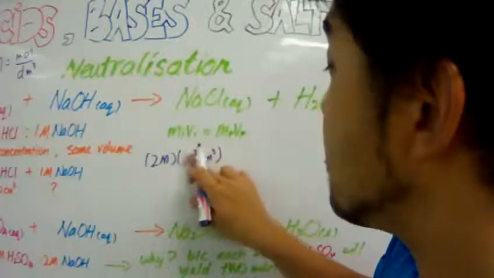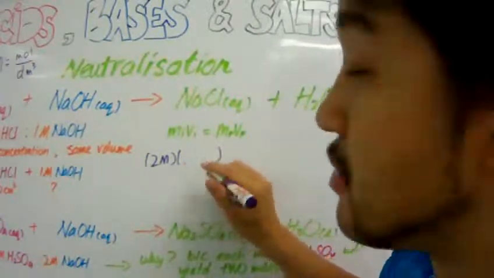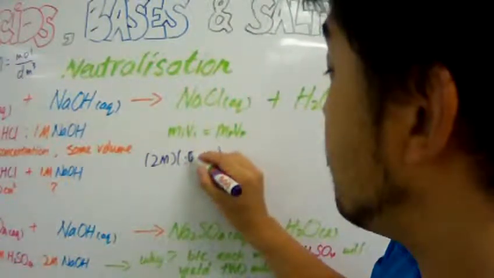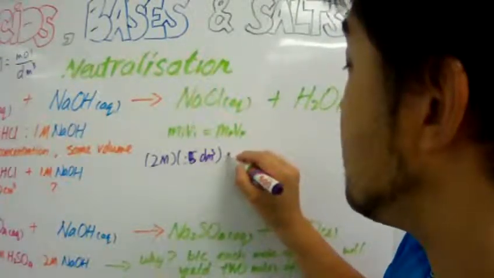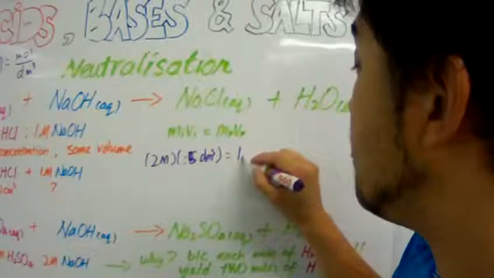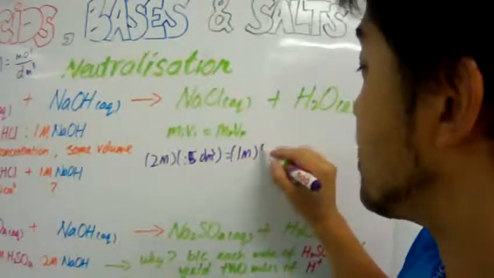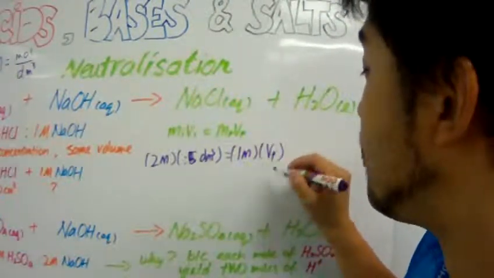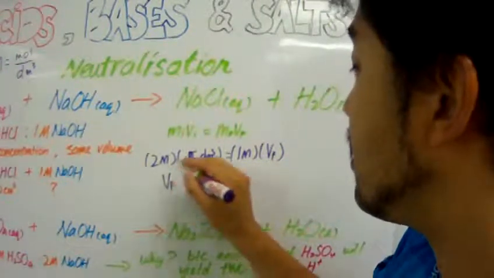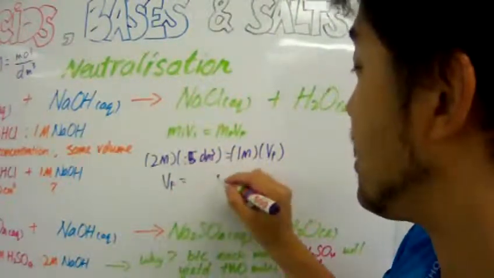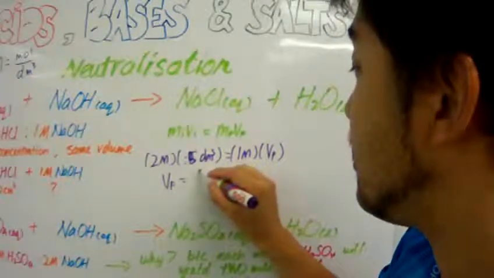You should convert this to decimeters. So 0.5 cubic decimeters equals 1 molar of the sodium hydroxide and the final volume that we're trying to solve.